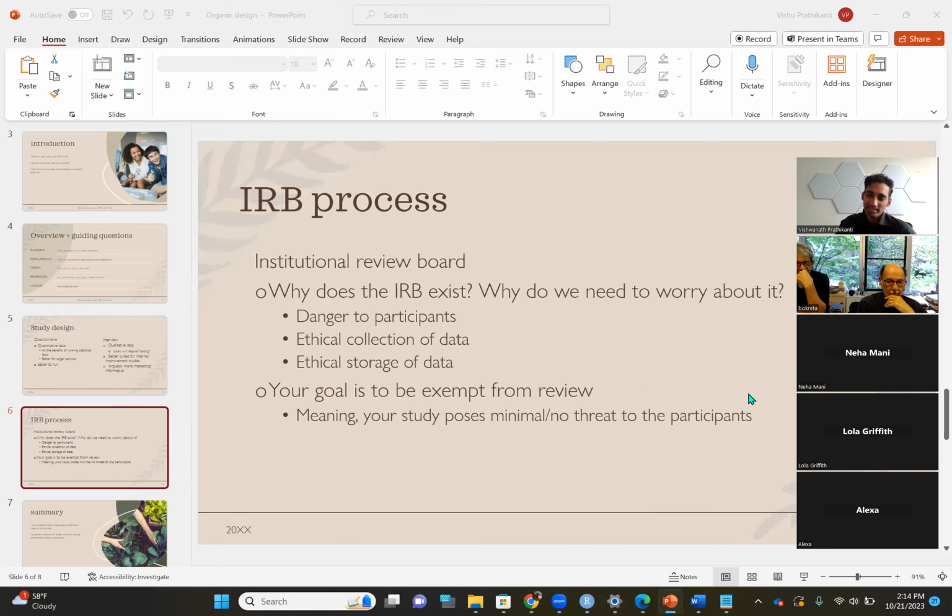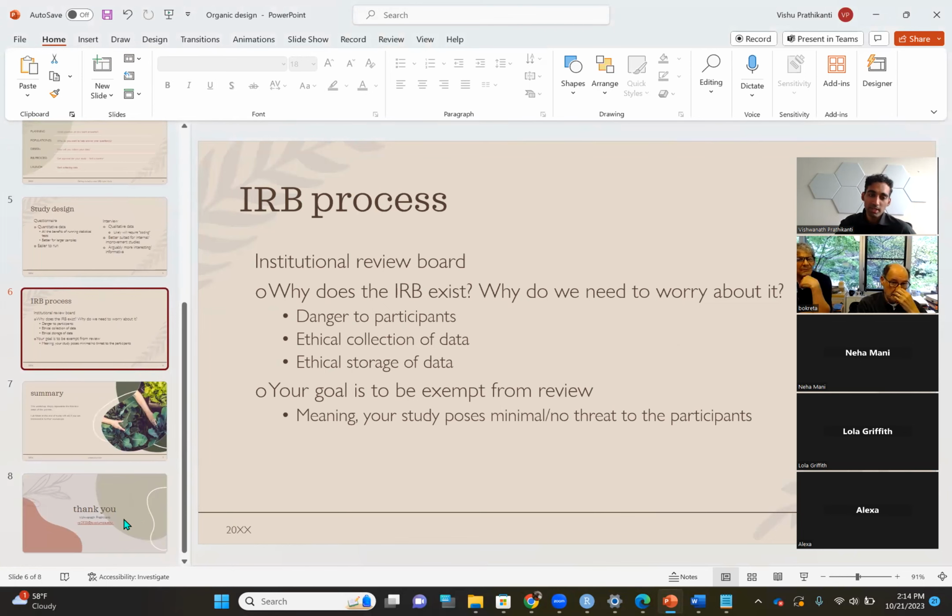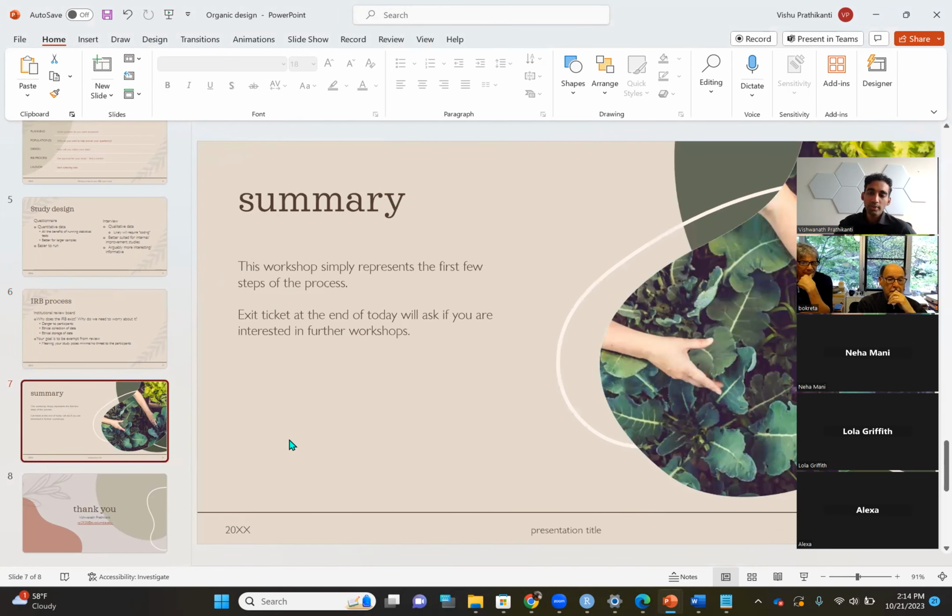Hopefully it wasn't too fast. If you have any questions, you can definitely email me, and I included my email at the end of this. We have about 10 minutes left in the session, which I'd like to dedicate to talking to Dr. Santiago Viles and Dr. Bocreta. This workshop is really just the first few steps of the research process.